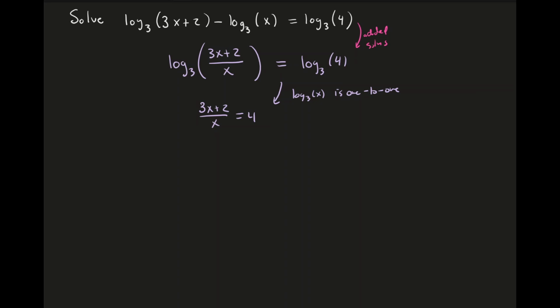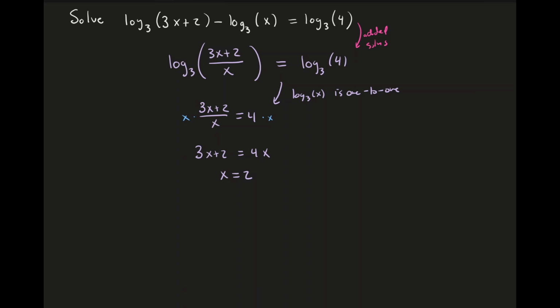That puts us down to this little bit of an annoying rational function, but that's okay. The first thing I see is an x in the denominator, and I do not want an x in the denominator. So I'm going to multiply both sides by x. On the left-hand side, x divided by x turns into 1, so 3x plus 2 is equal to 4x. Subtracting 3x from both sides, we get x is equal to 2.